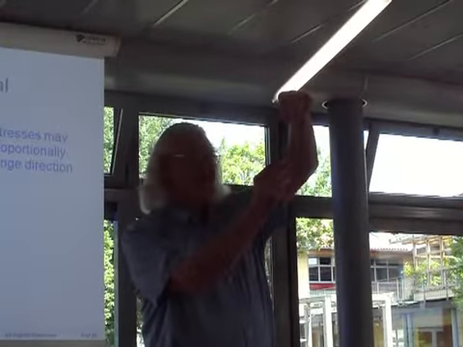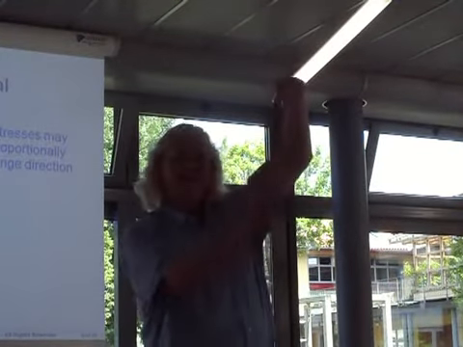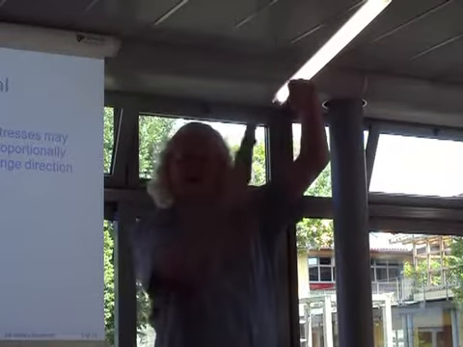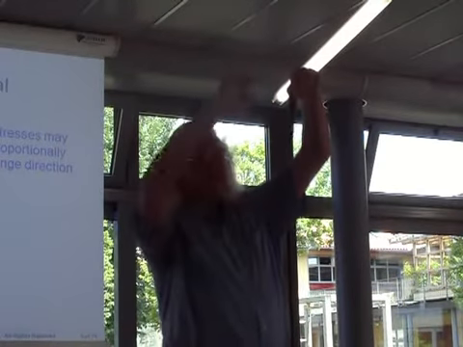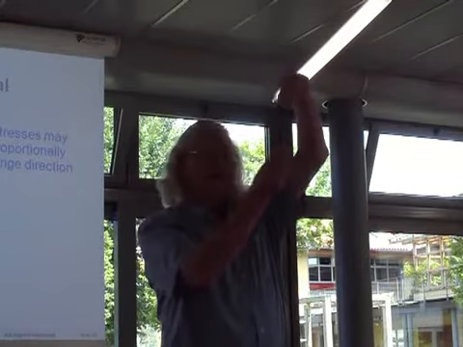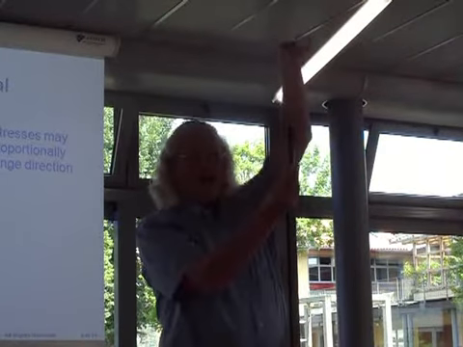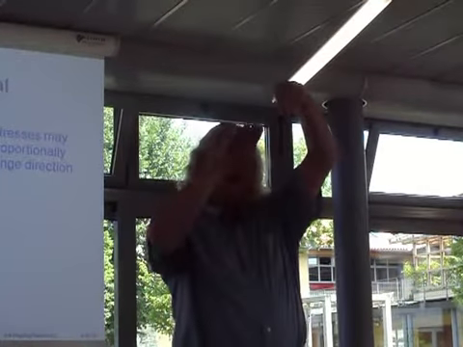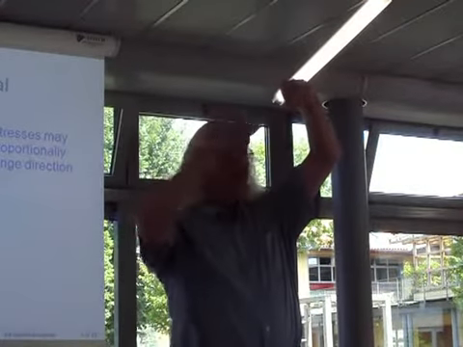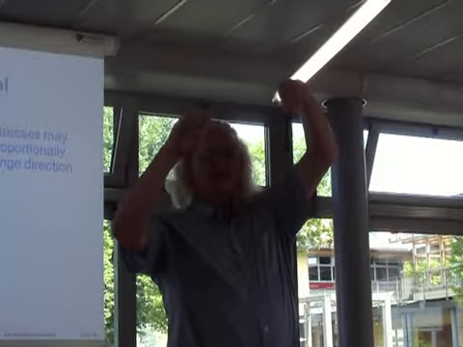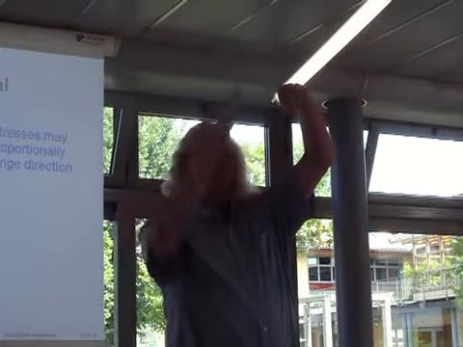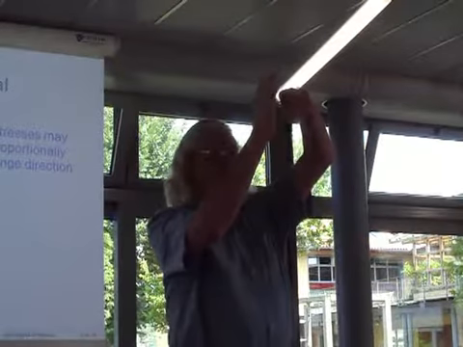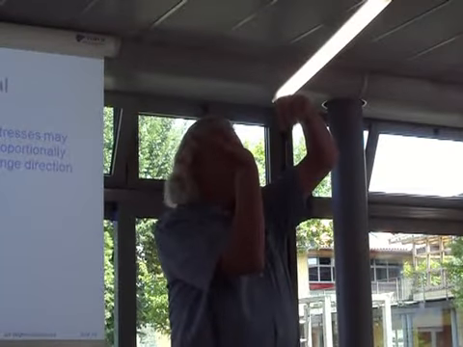When I pull on this bar, sigma 1 is in this direction and has a magnitude of whatever the stress is in this direction. When I push on the bar, sigma 1 is in this direction and is magnitude 0. So the first principal stress has changed from this direction to this direction.